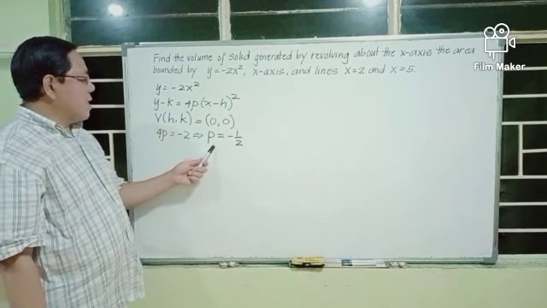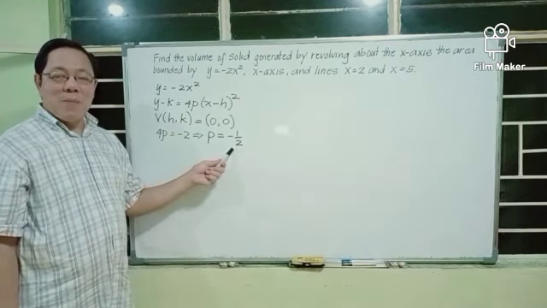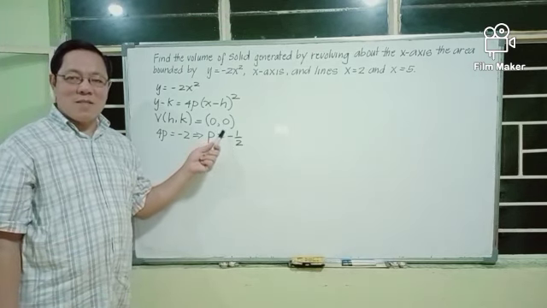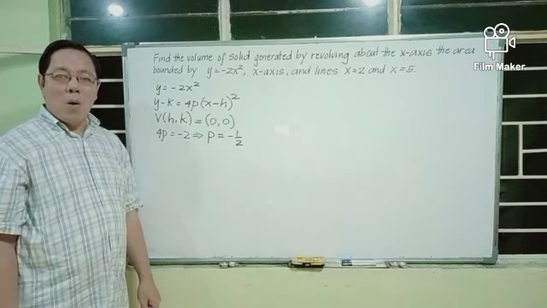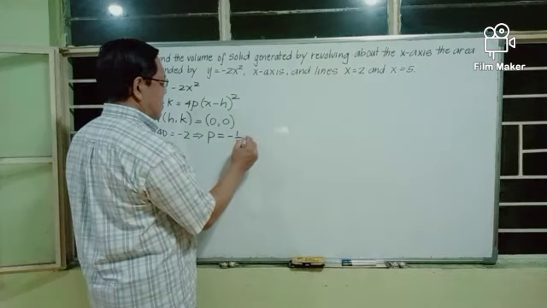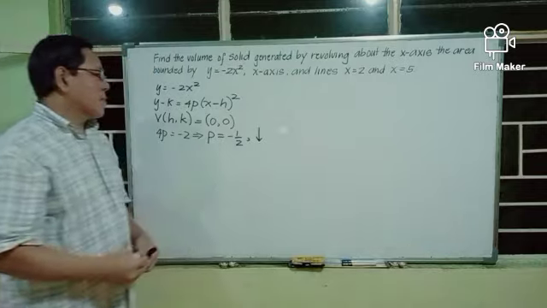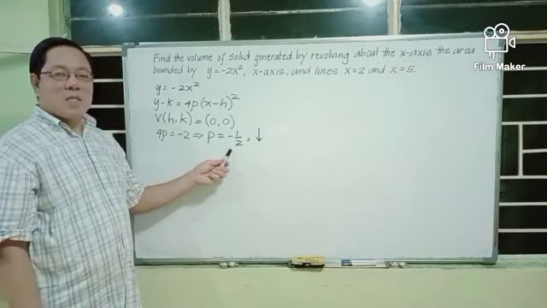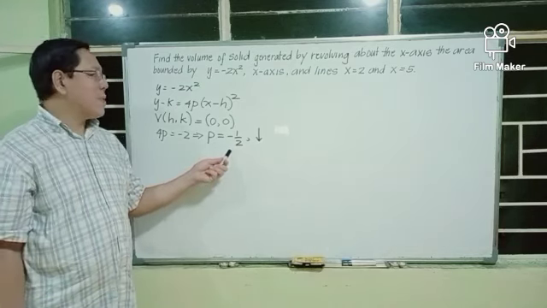And because p equals negative 1/2, the parabola with vertex at the origin and with the y-axis as the axis of symmetry is open downward. Hence, the parabola is open downward because p is less than 0. In particular, p is negative 1/2.